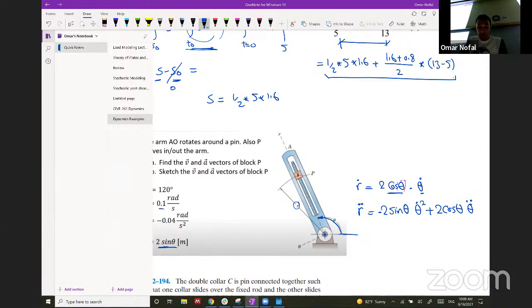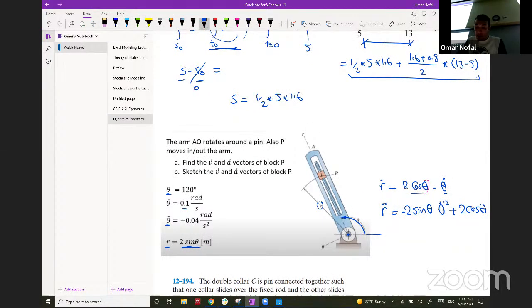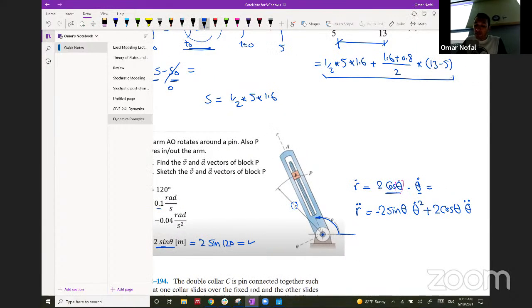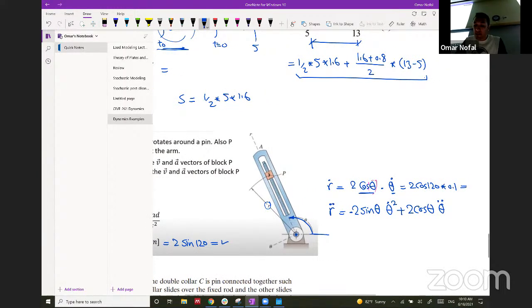So you have r, r dot and r double dot, and you have theta, theta dot and theta double dot. You can substitute in these equations 2 sine 120, and you get this value. Also you can substitute in this, and you have 2 cosine 120 multiplied by theta dot, which is 0.1, and you get this value.